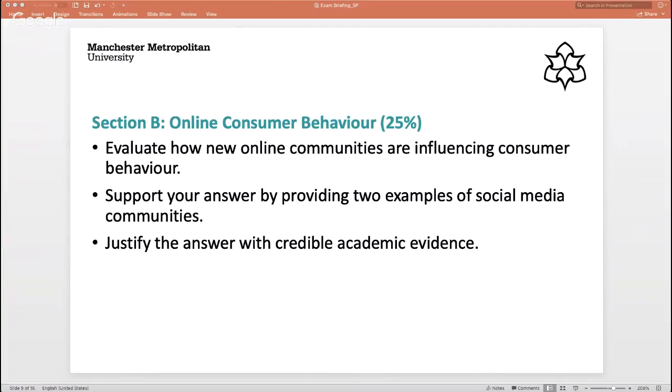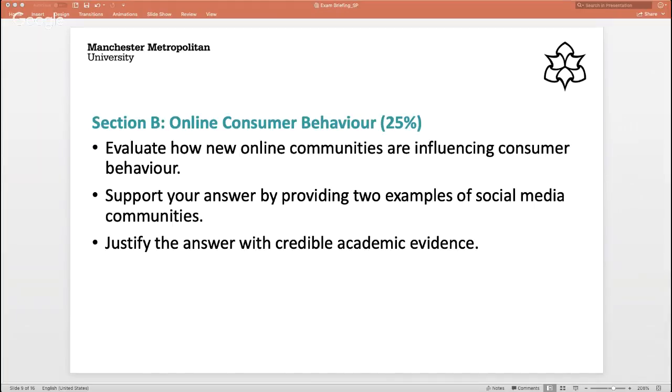We're going to be looking at how online behaviour influences our strategies online, how organisations present themselves online, and how social media communities affect our ability to consume online and make us do different types of consumption online.